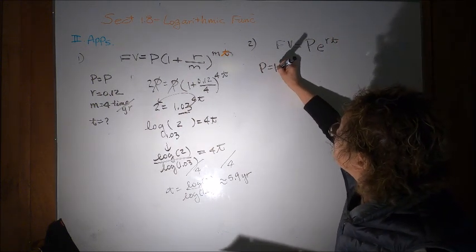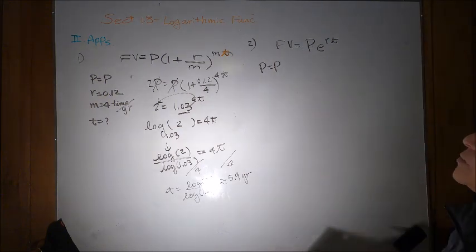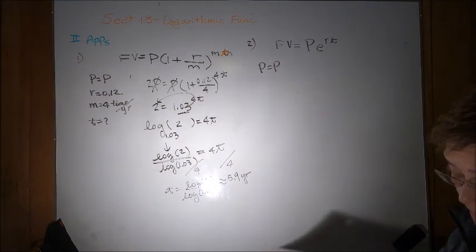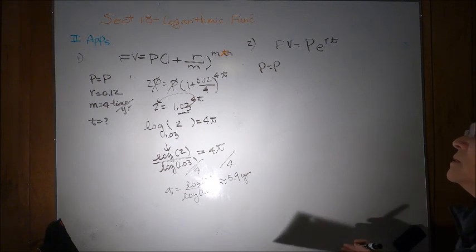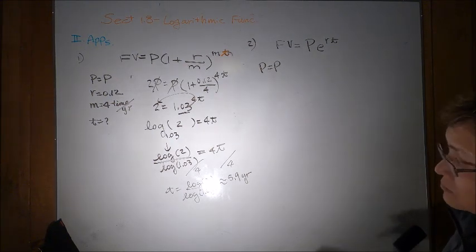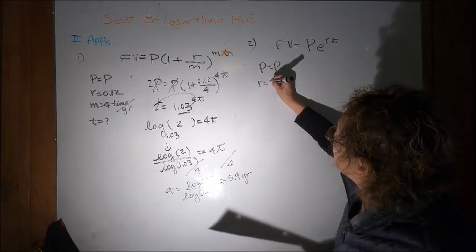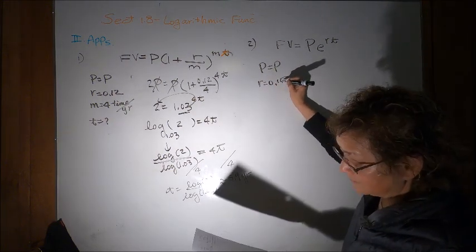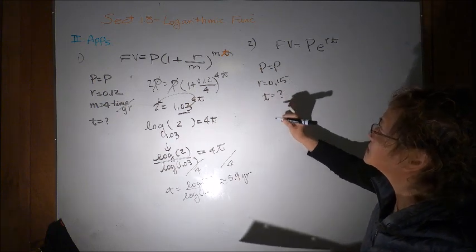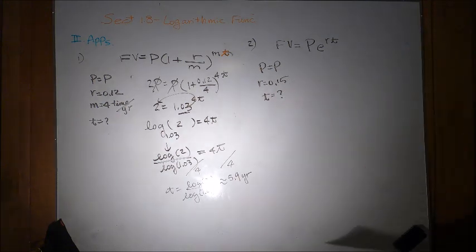So principal, we are going to triple. So we just put the principal P. Okay, you can use 1,000. Triple would be 3,000, right? Or you can just use P. R is what? 0.15. T is the years we are going to find.